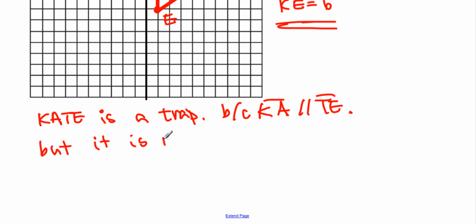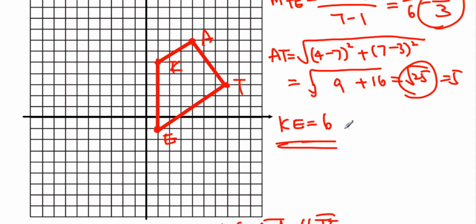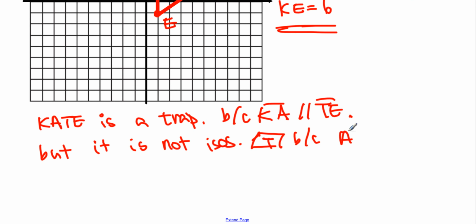But it is not an isosceles trapezoid because AT is not equal to KE. All right. So that's basically what we can do.